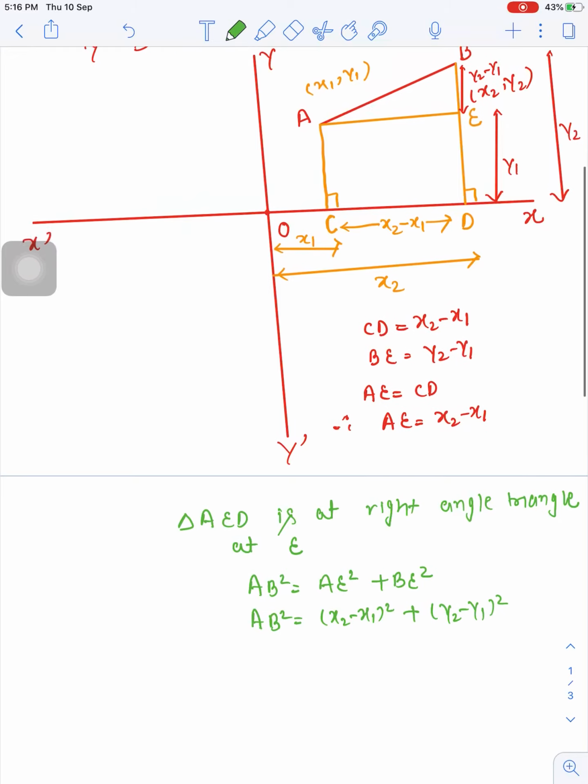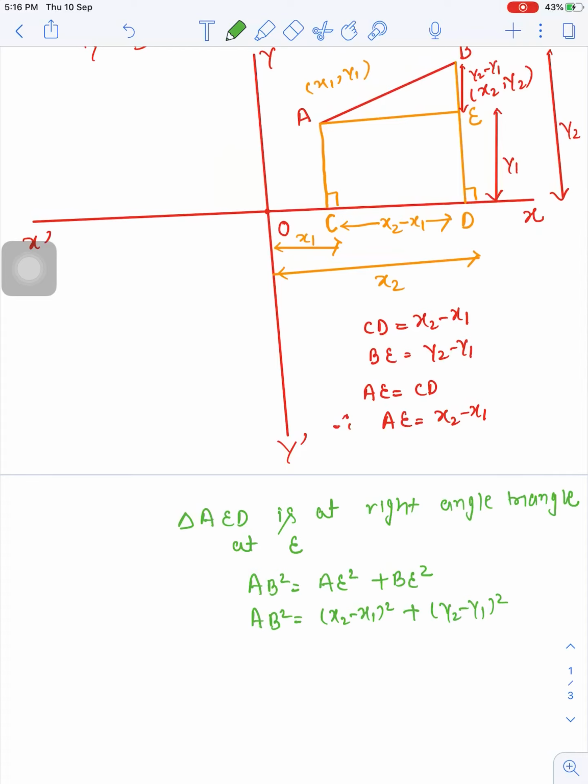Now look, one more thing which you need to pay attention to is, if somebody has written like this, (x1 minus x2) square plus (y1 minus y2) square, then he or she is also correct. Why? Because of the presence of the square. As we know, the square will convert the negative value into a positive value.